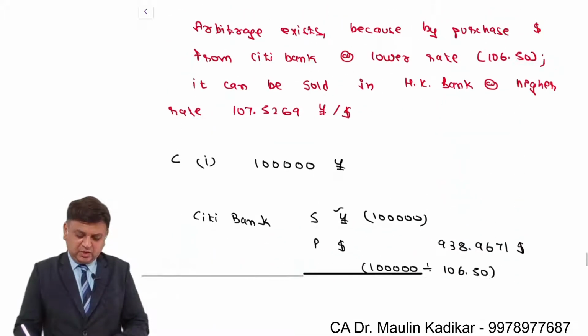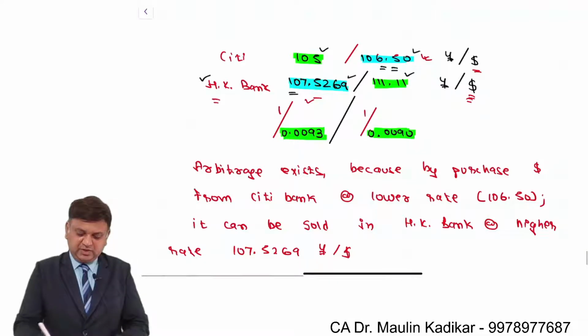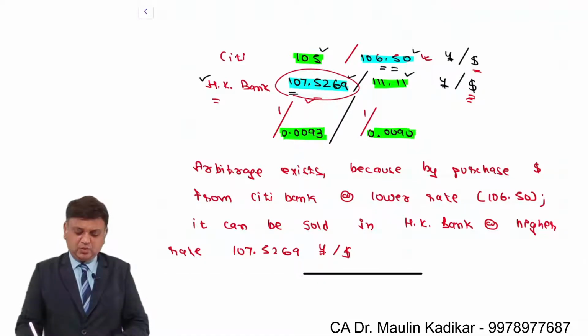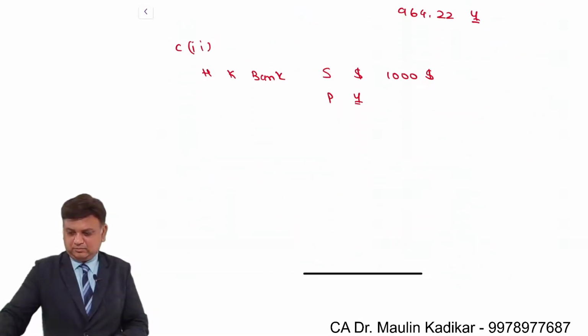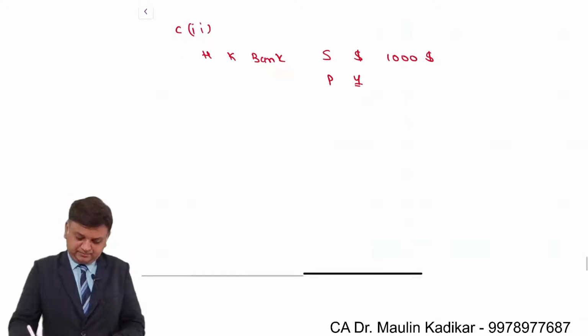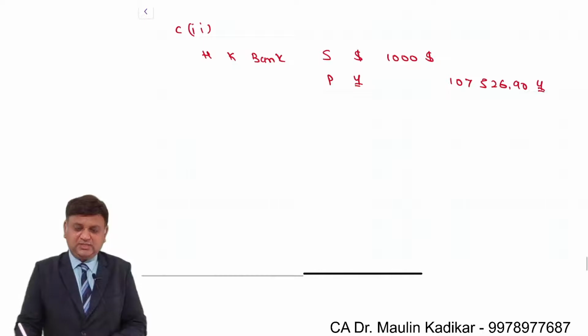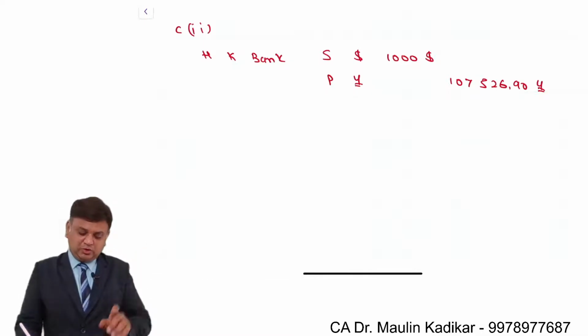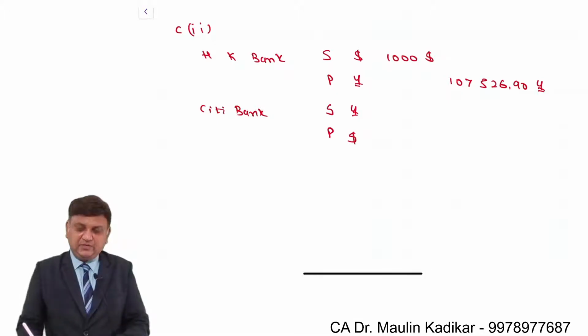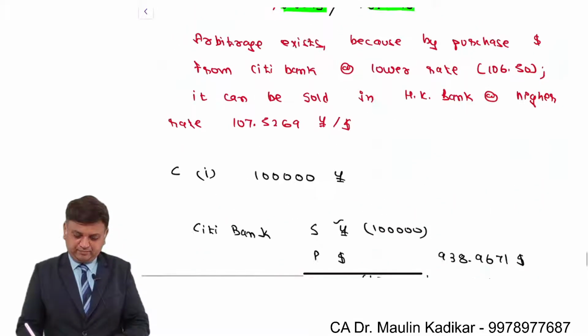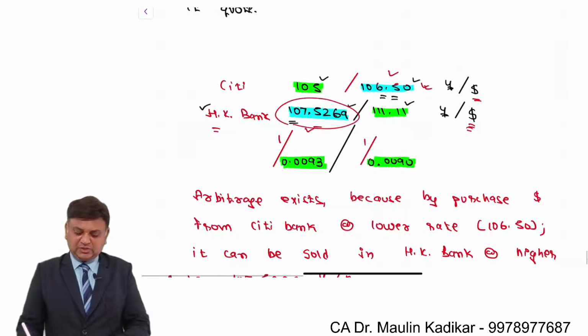In Hong Kong Bank, $1 is equal to this amount of yen, 107.5269. So 1,07,526.9 yen. This is the amount that you receive. Then you go to the Citi Bank: sell of yen and purchase of dollar. We understand it's 106.5.